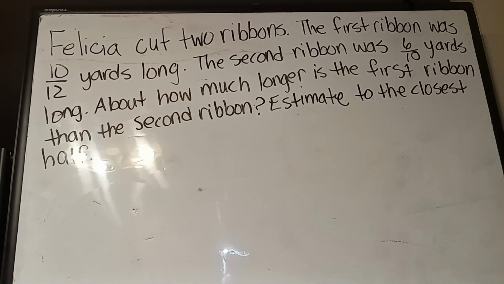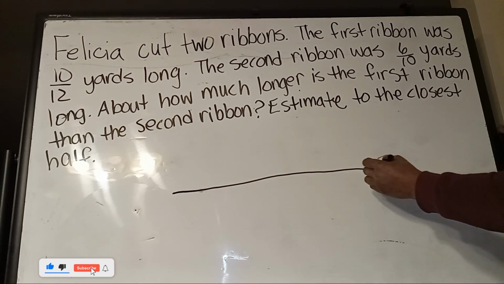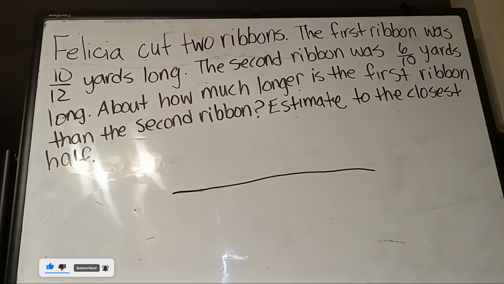All right, so moving on to the next ribbon, that one is 6 over 10 yards long. So we're going to draw our number line, and it's going to be split up into how many pieces? 10. Exactly.